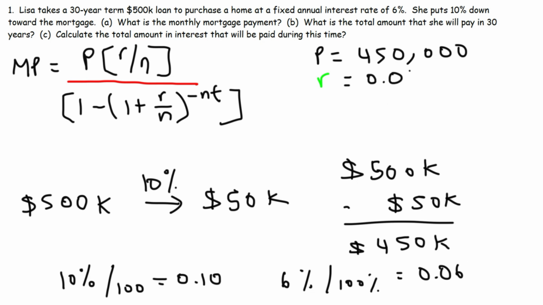So that's our R value. N is the number of payments that will be made in a single year. Since we're trying to calculate the monthly payment, and there's 12 months in a year, N is going to be 12. T is the term of the loan in years. So this is a 30-year term mortgage, so T is going to be 30 years.